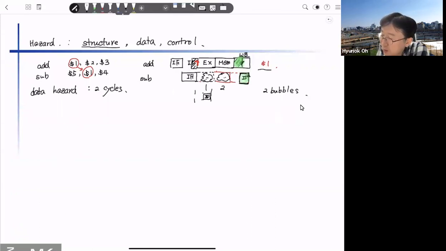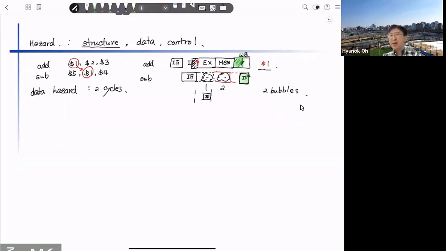So let's look at the add instruction and this subtraction. Again, we know that the register value is updated at the write back stage, which is actually the last stage.